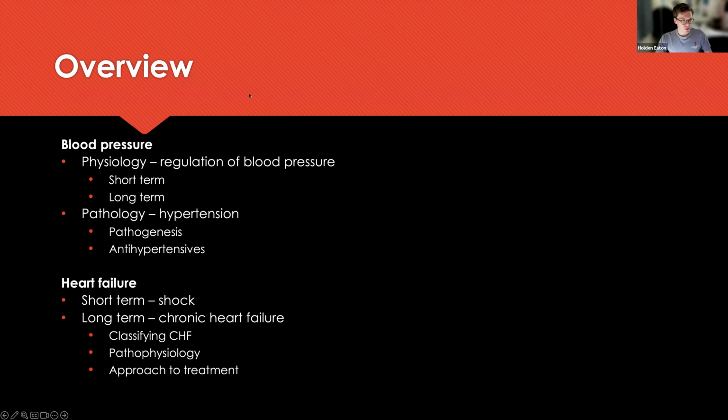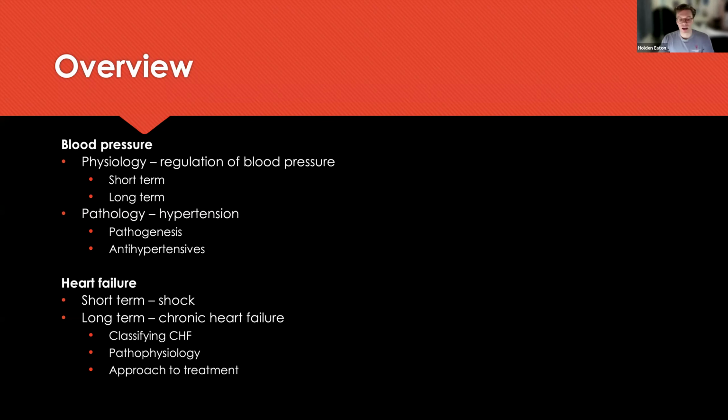I've divided it into first talking about blood pressure as a physiological topic, so regulation of blood pressure in both the short and long term, to then give us a platform to build on for talking about the pathophysiology of hypertension, and then we'll talk a bit about the medications. Similarly, for heart failure, I've divided it into short-term and long-term cardiovascular failure, and we'll spend more time talking about the long-term variant, thinking particularly about the classification and the pathophysiological mechanisms, and then also the treatment.